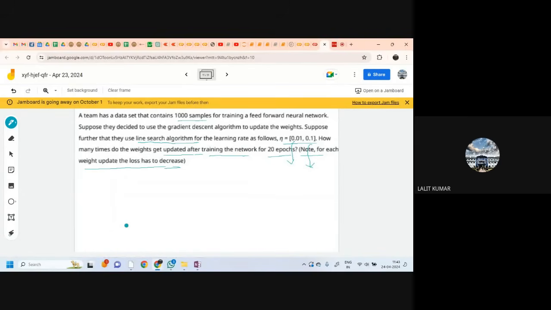And if we consider this as, for example, vanilla gradient descent, so 1 epoch, 1 update. For n is equal to 2, 1 epoch is equal to 2 updates. Therefore, for 20 it will become 40 updates. Is this understanding very correct? Somebody wants to contribute?